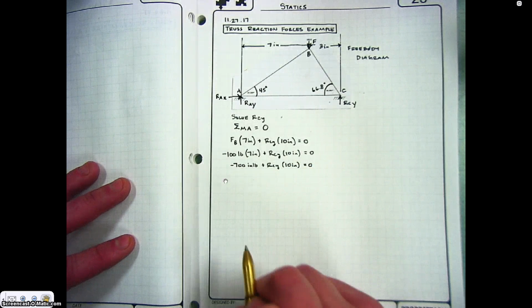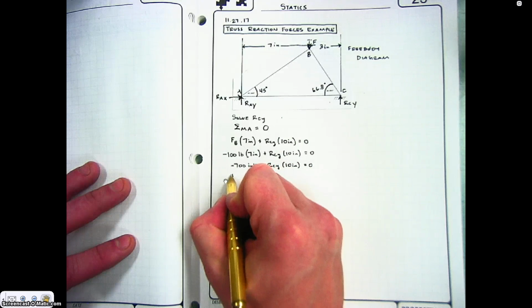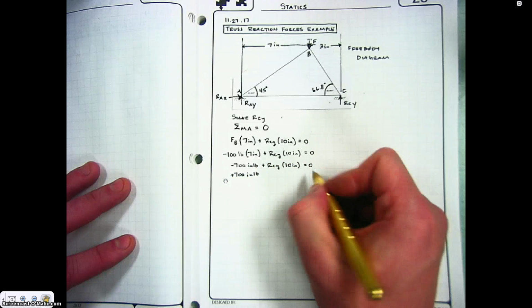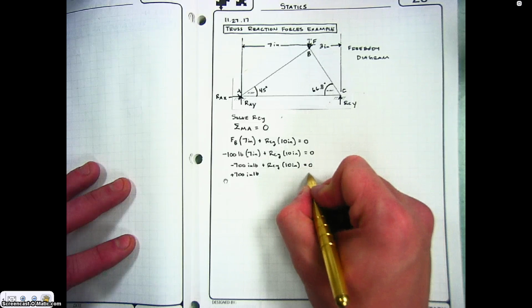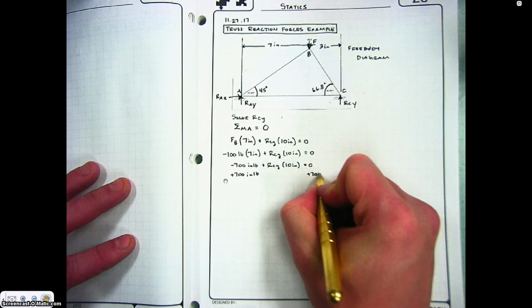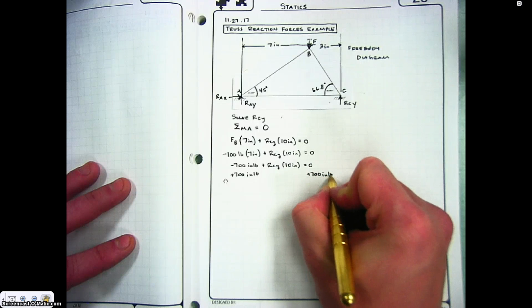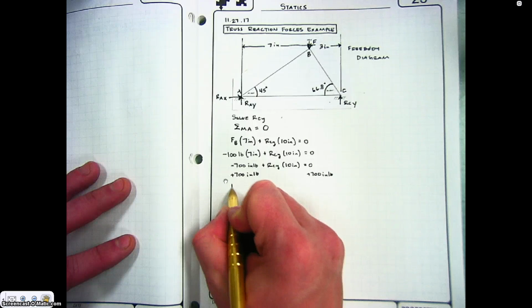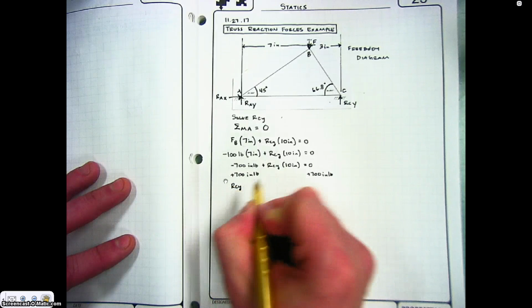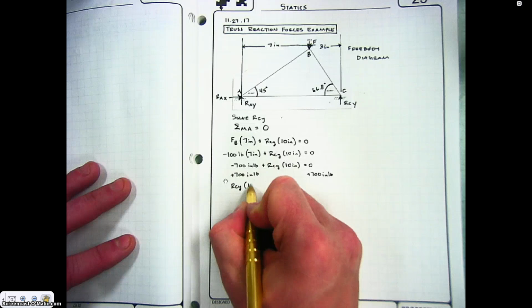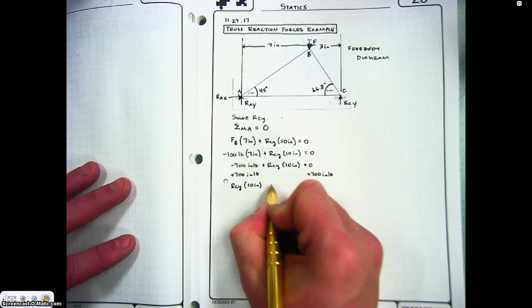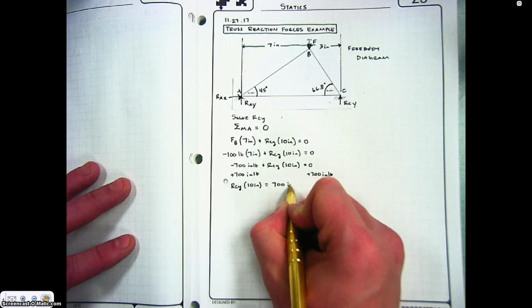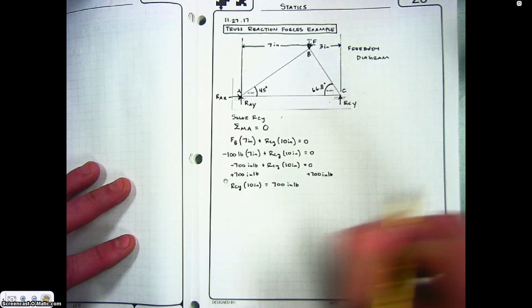We're working to get RCY by itself, so I'll add 700 inch-pounds to either side of my equation. And I get reaction force at C in the y direction times 10 inches is equal to 700 inch-pounds.